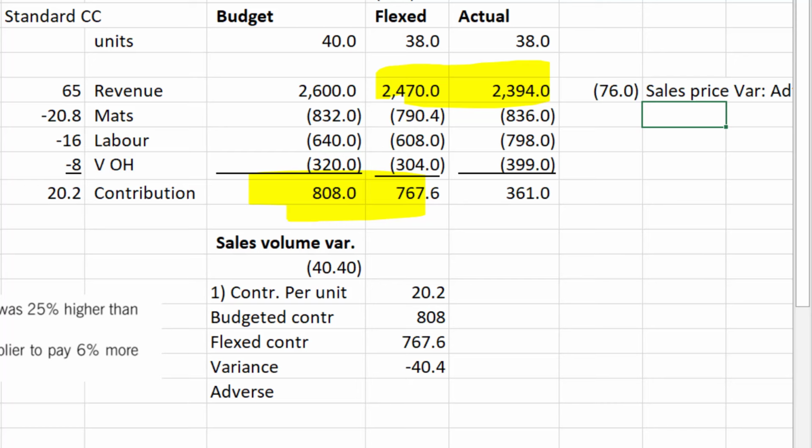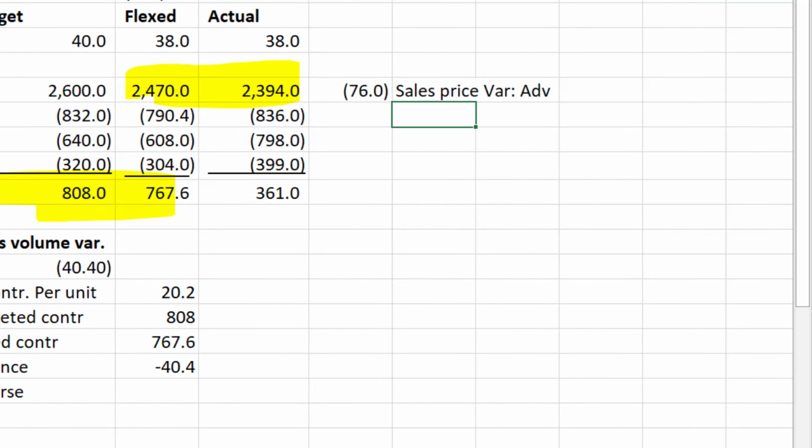Now, if we wanted to calculate that one on the fly, just from the numbers without building up this whole table, I would simply do this. Sales price variance. And we know that's about the difference between the flexed and the actual sales.